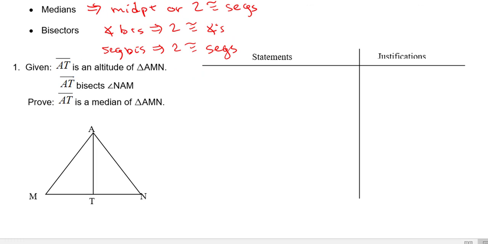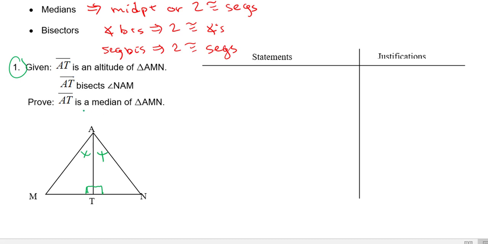The first proof here is an example of this. It says that AT is an altitude drawn for this triangle AMN. So we know that it's going to give you perpendicular here, or 2 right angles. AT bisects angle MAN, so that gives you these 2 angles congruent right there.